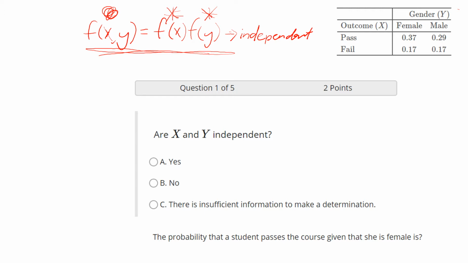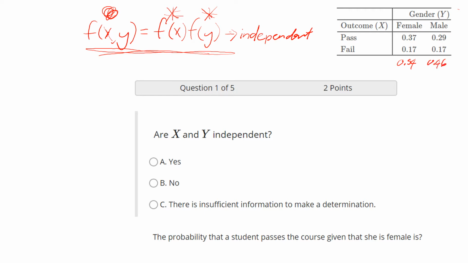So that's 0.37 plus 0.17, and that results in 0.54. So that's the marginal probability of someone in this course being female. Now we need to find the marginal probability of an individual being male, and that of course is just given by 0.46.